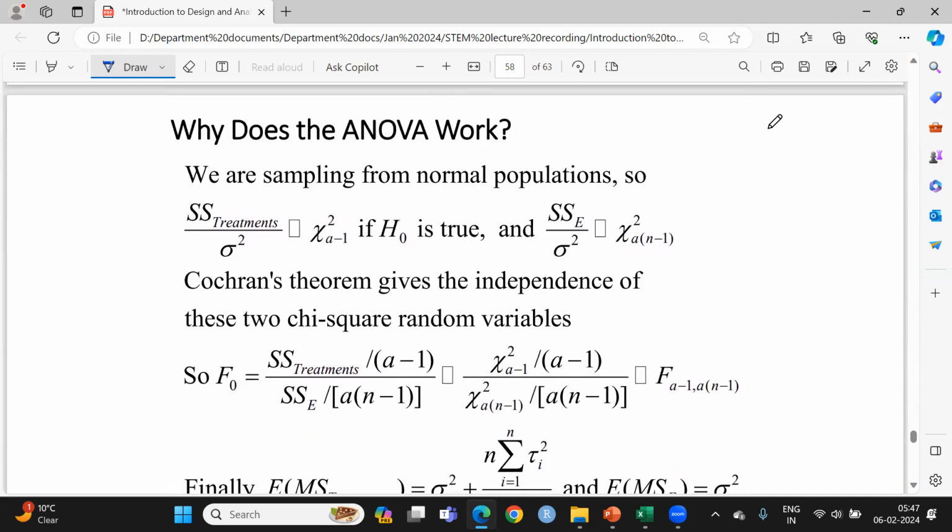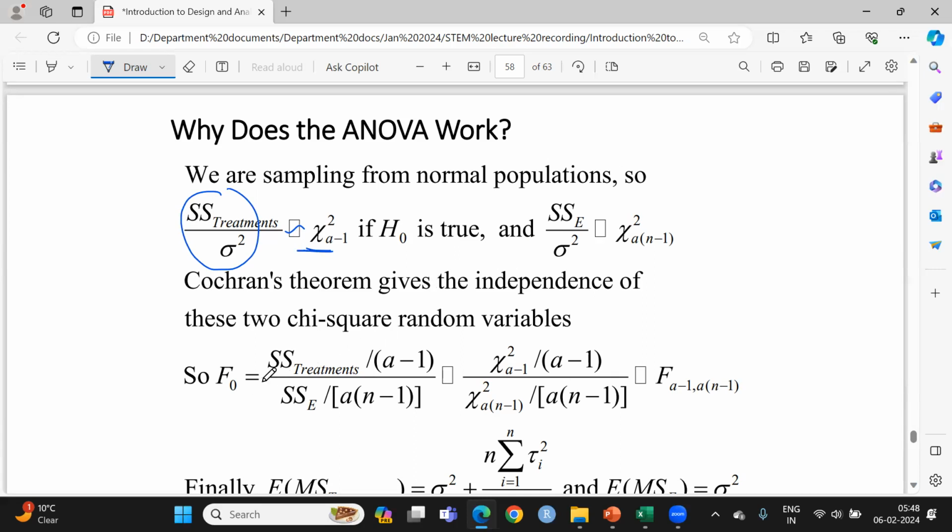The reason why ANOVA works, as already explained, let me recall it again. In the literature, we have some assumptions: whenever we take the proportion of variability, the distribution it follows is chi-square.